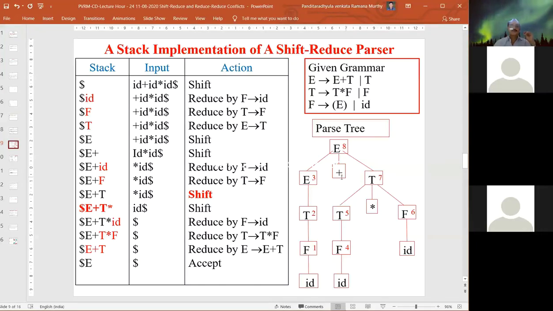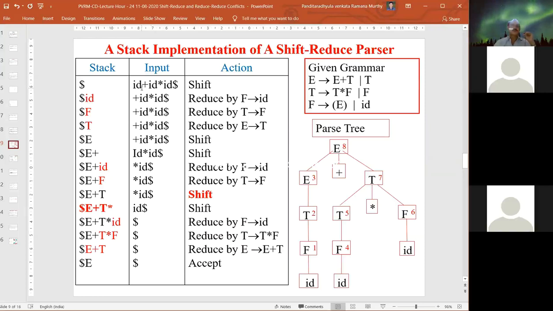Whatever I am explaining is not the shift reduce parser only, but I am explaining where we get the shift reduce conflicts. Initially, after consulting the top of the stack and the input symbols, the top of the stack contains only the dollar sign and the input contains a set of terminals.